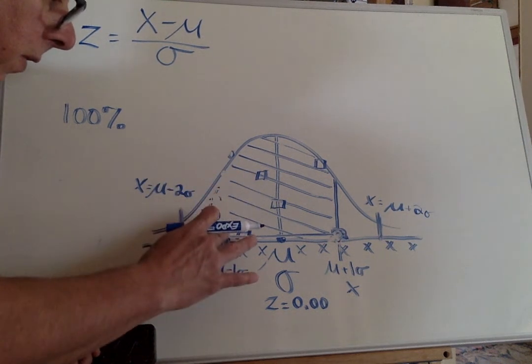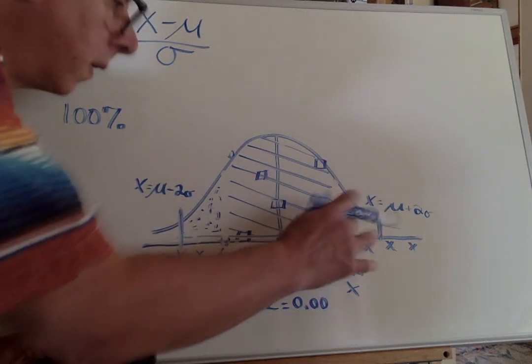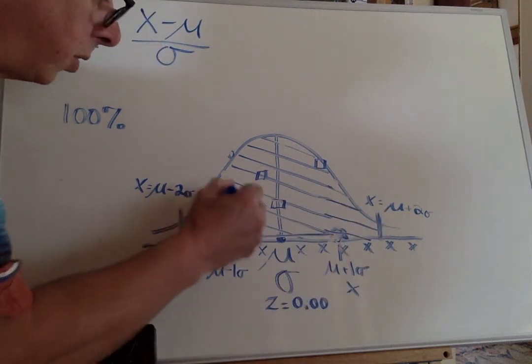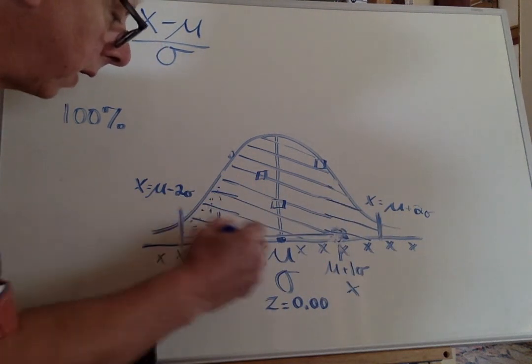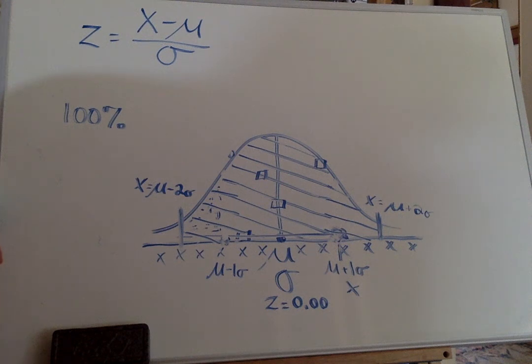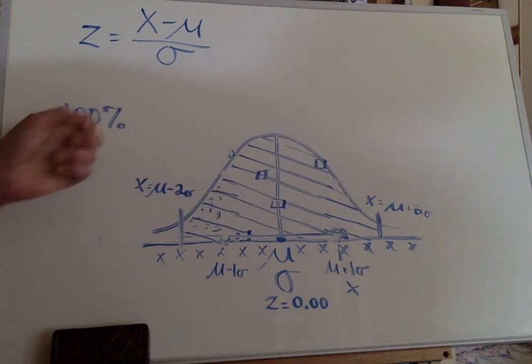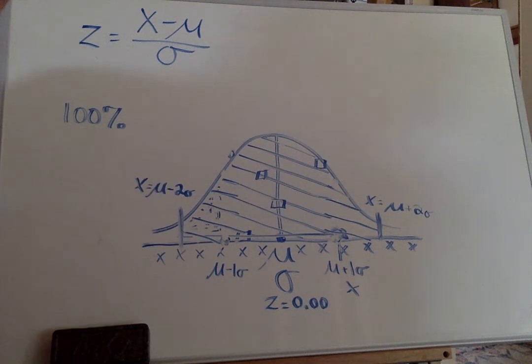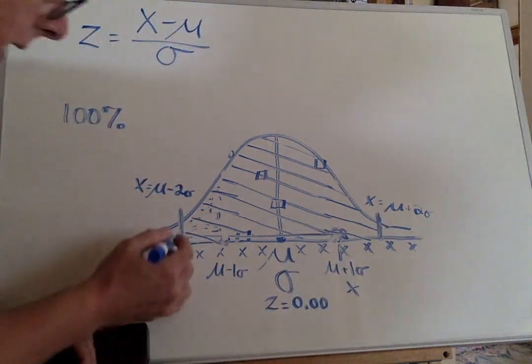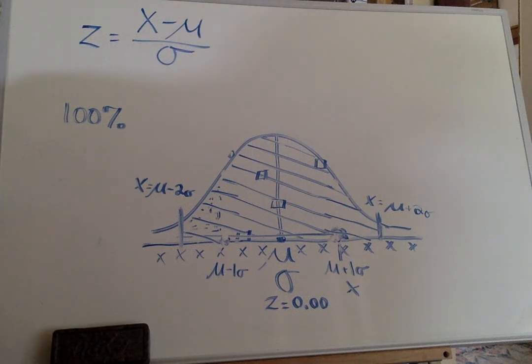is now sort of shade in this entire area here, and I'm going to ask you, what do you think that looks like? If the whole curve is 100%, how much have I shaded in? Let me just make that tail out there like that. How much do you think I've shaded in?